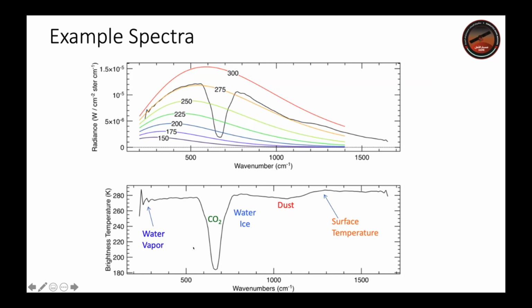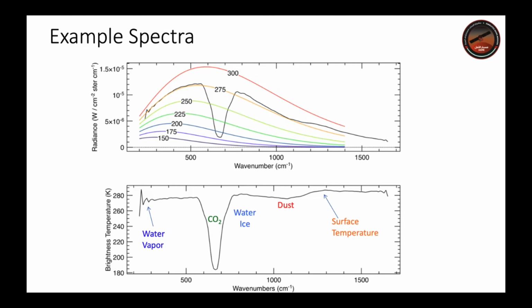There's a nice big CO2 absorption feature. Out here at longer wavelengths, or lower wave numbers, is water vapor. Around here is water ice, dust, and here's approximately where we derive surface temperature from. So EMIRS has all of these spectral data that you can really play around with to get at unique properties.